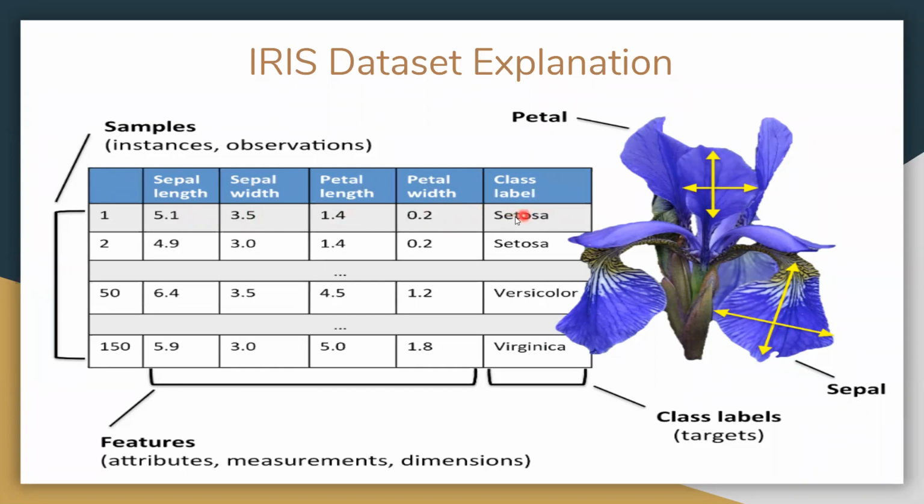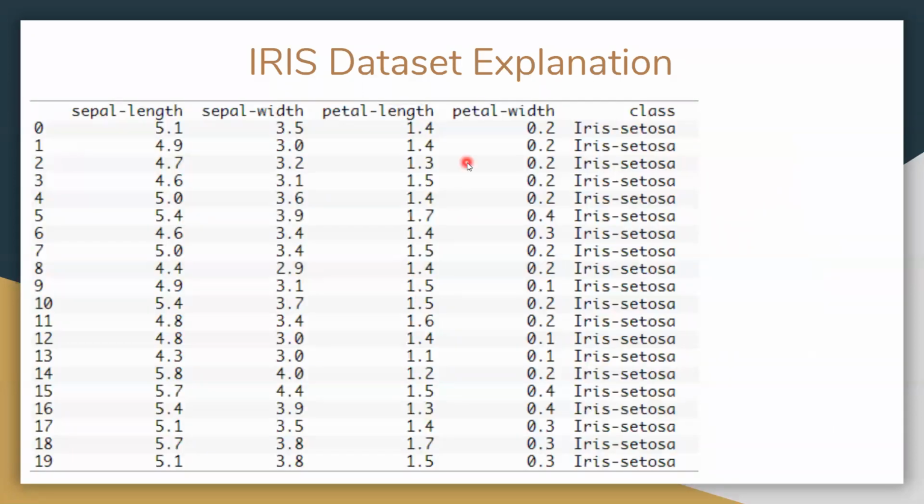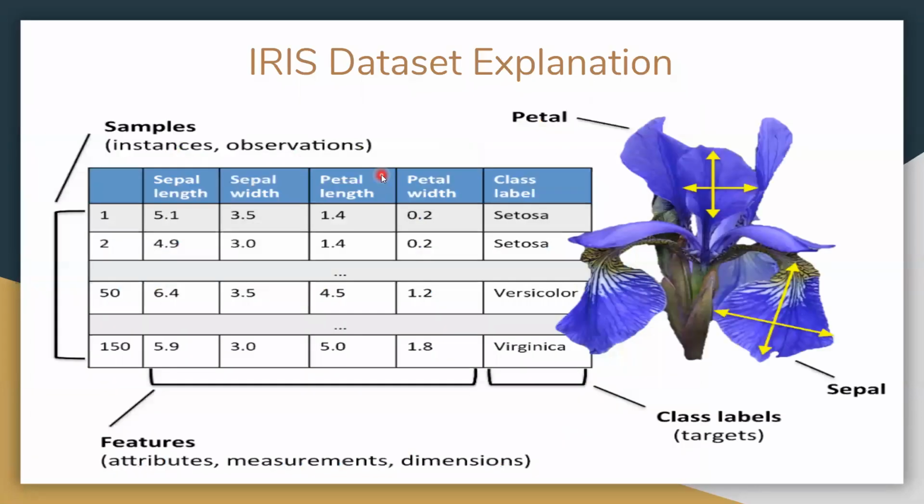If you have 6.4 sepal length, 3.5 sepal width, 4.5 petal length, 1.2 petal width, then it is a versicolor flower. Similarly, 5.9, 3.0, 5.0, 1.8, this is called a virginica.